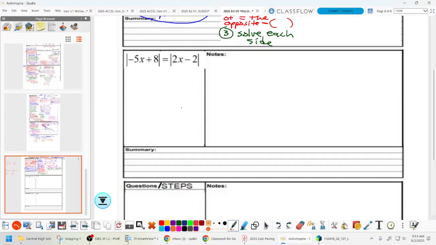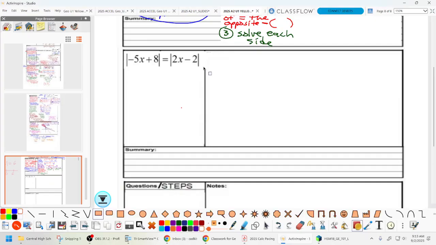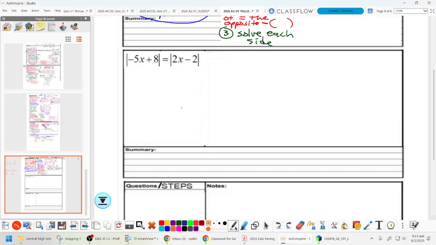I think you can probably follow it just fine. If not, write your own description of it. Okay, so again, we have an absolute value on either side. So we want to drop the absolute value and treat one side as the positive and opposite case.